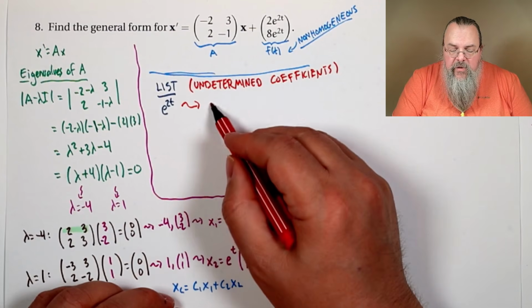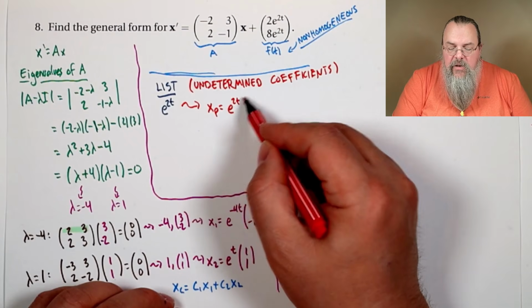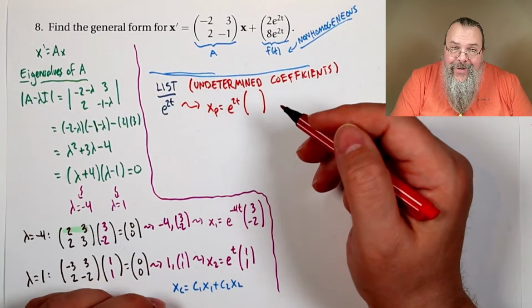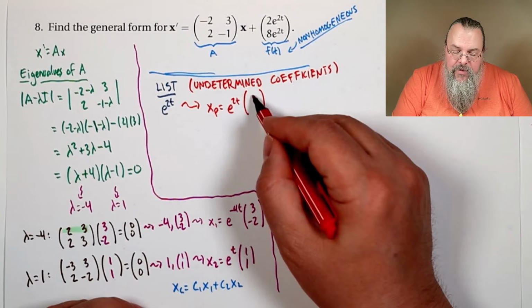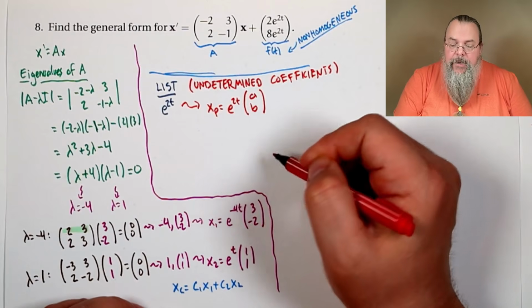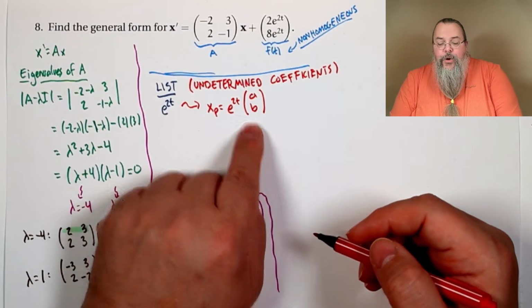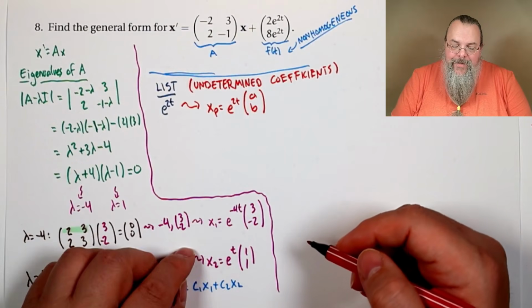So what this tells us is that xp looks like e to the 2t times some vector. Well, we don't know. That's the undetermined part. So we say, okay, we'll throw in some unknowns, a, b. How do we find a and b? We're going to run it through our differential equation.